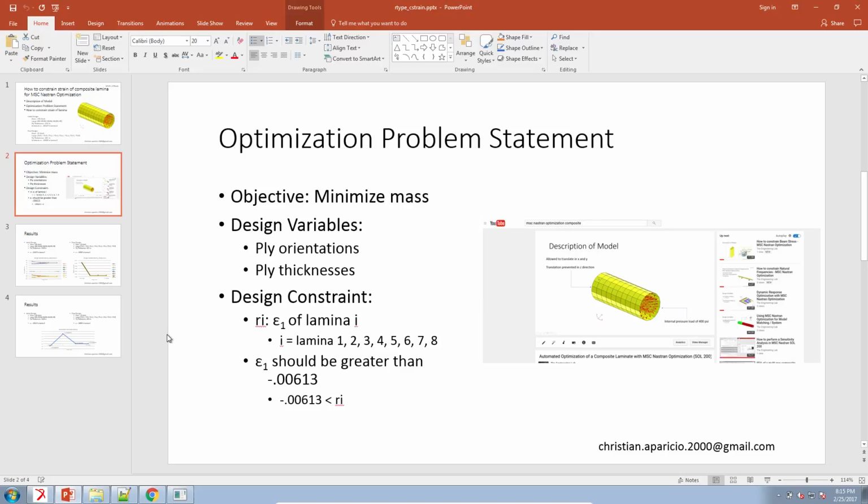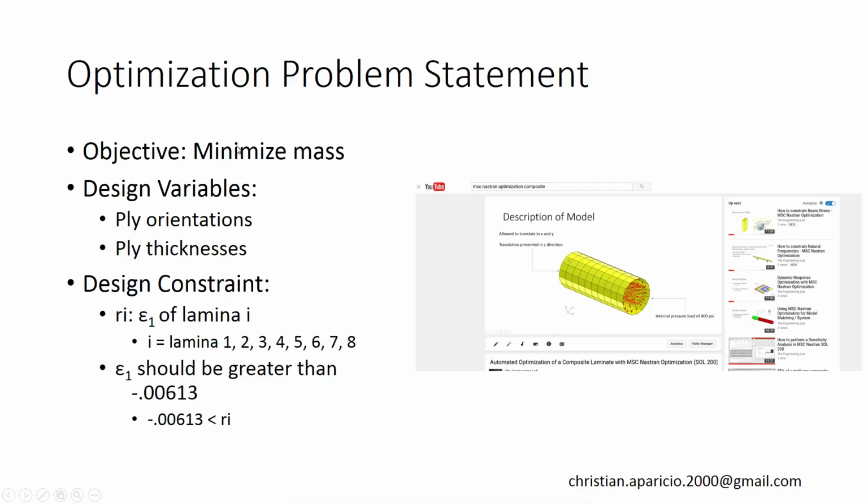Again, full details on this example on defining the mass and design variables, that's in another YouTube video that's, I think, more than 20 or 30 minutes long. So feel free to view that video so you see this from the very moment you export your BDF from Patran to the final moment where you look at optimization results and produce a new BDF file with the new ply orientations and thicknesses.